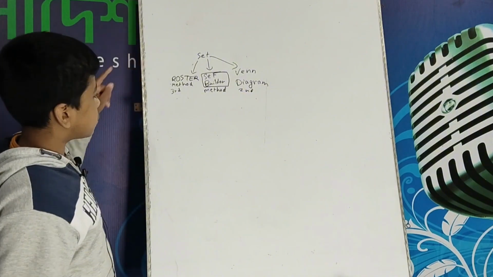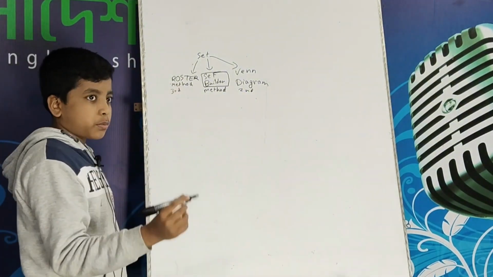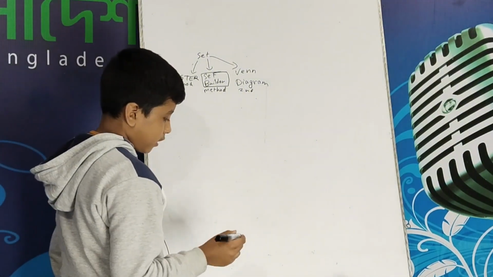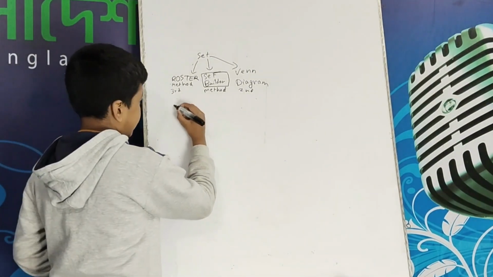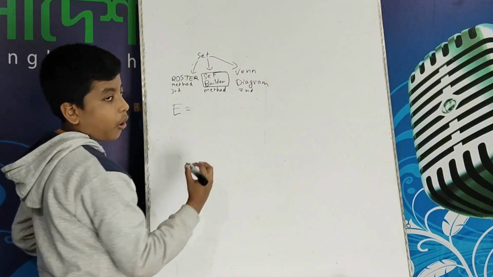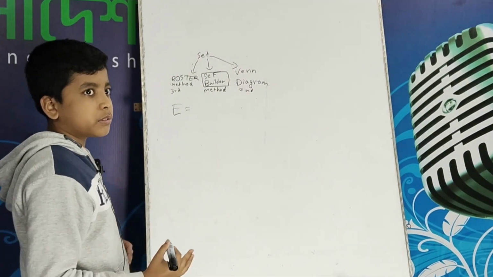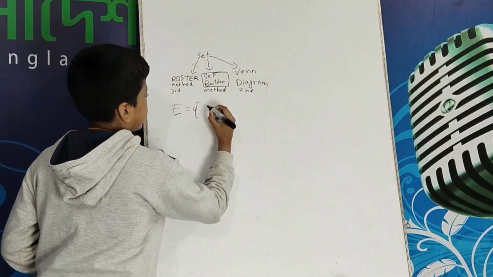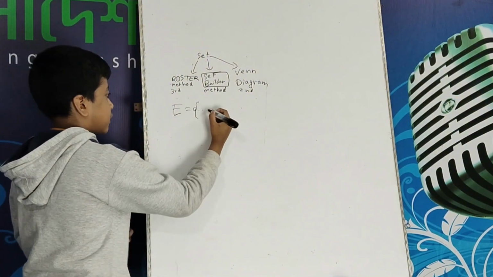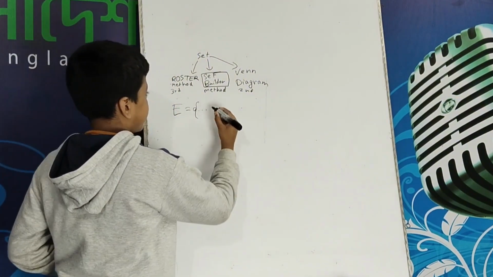So first we're going to start with the absolute simplest one, the roster method. So for example, let's consider the set from before. Let E be the set of all even numbers. So E starts from negative infinity and then we get into bigger numbers.